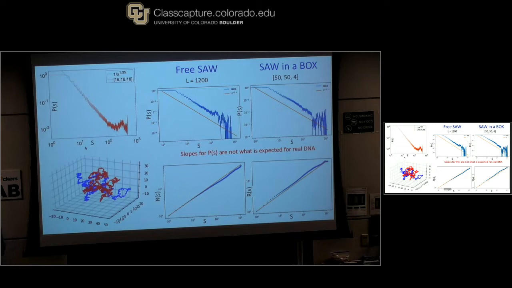However, we find that it's not enough to constrain our walk to get that -1 exponent, so we have to do something else.